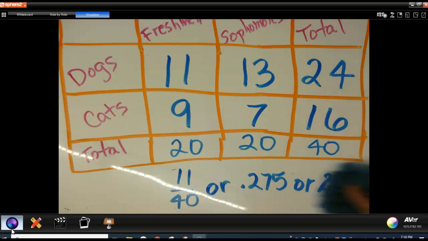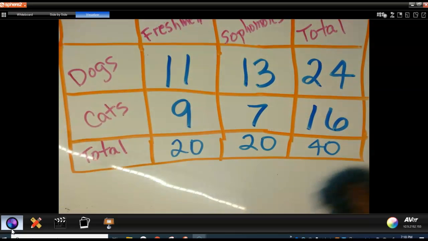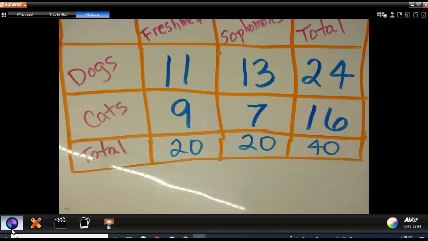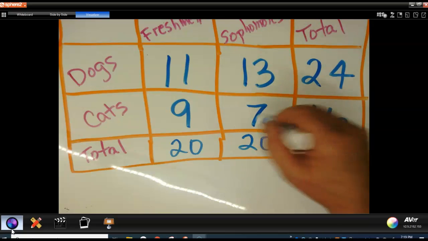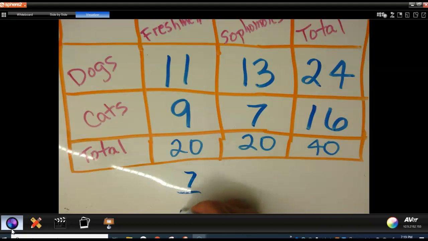Number 7, out of the sophomores, what is the relative frequency of owning a cat? Well, hopefully you said that the relative frequency of owning a cat is, if this is the total number of students who own a cat that are sophomores, this has to be put over 40.